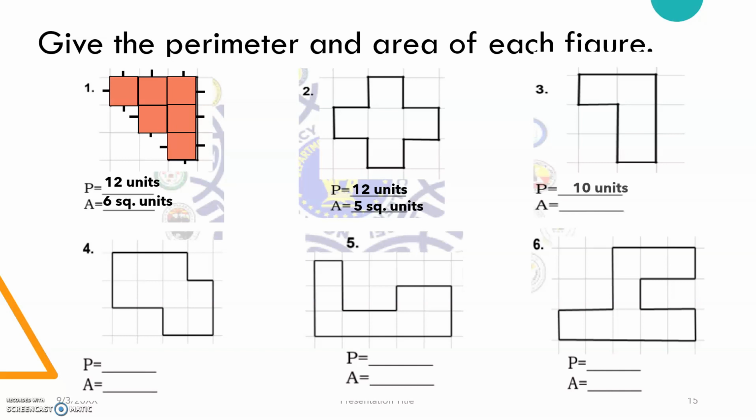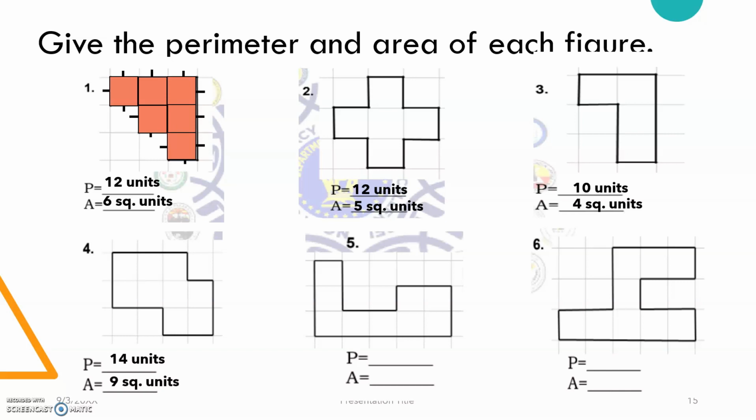So the answer is 10 units and 4 square units. Figure number 4, what is the perimeter and area? The perimeter is 14 units and the area is 9 square units.